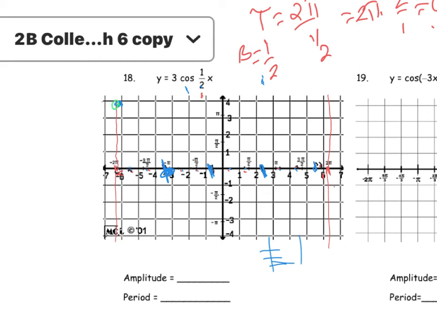Start high, come down, go to the bottom, which is approximately here, go up, and then there it is. I might be off a little bit, but the idea is there. It took all that 4 pi distance to create one picture.